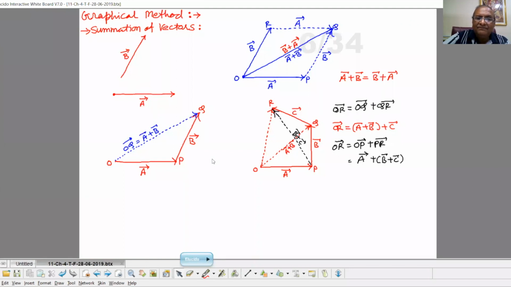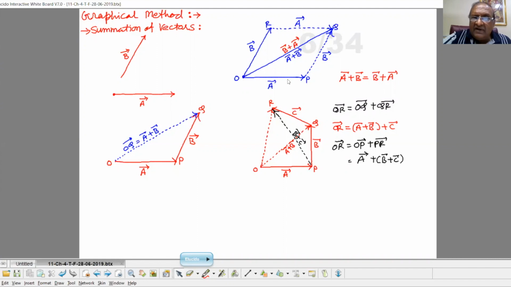Now, in another way, we can find the summation by the parallelogram method. In that, what we do? Vector A and vector B are both represented from the same origin, meaning the tails of both vectors should be represented from the same origin.